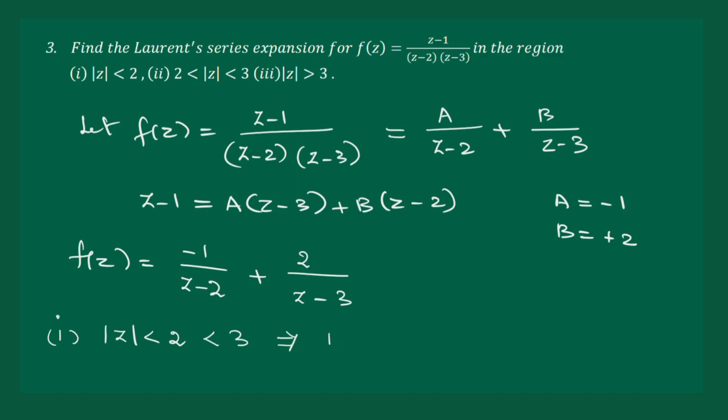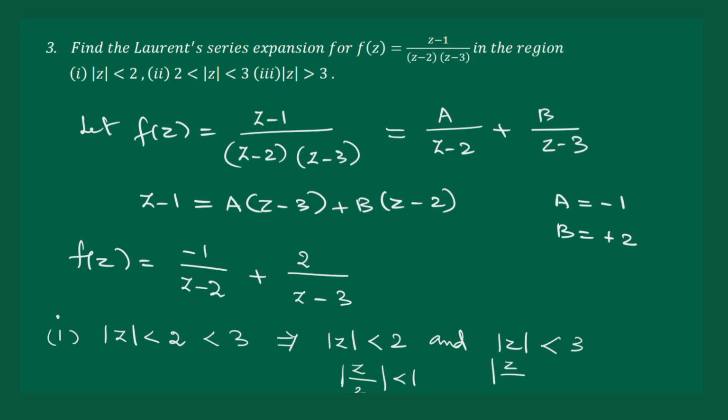So this can be written as two different conditions: one, modulus of z less than 2, and another, modulus of z less than 3 also. From this we have to bring it to less than 1. To do that, we divide both sides by 2, so modulus of z by 2 is less than 1.